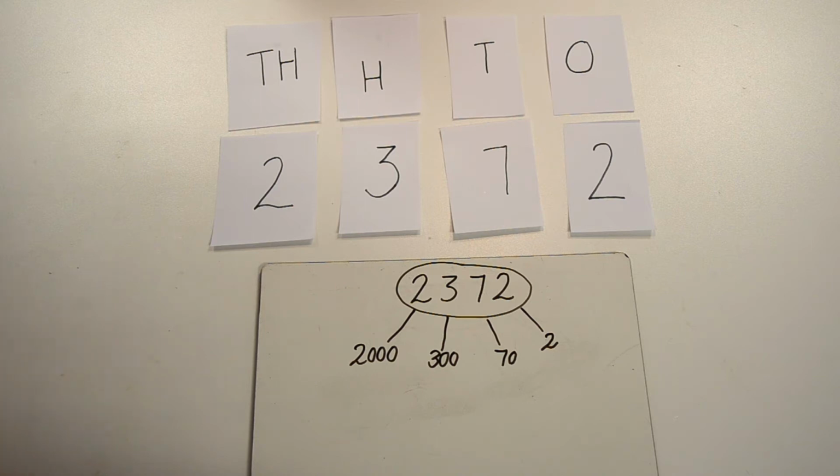What does this number look like if we use place value arrow cards?